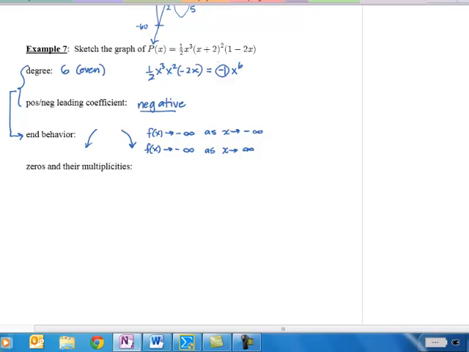And now the factored form is really what we want to use for the zeros. Again, we'll set 0 equal to the function. All right, and so now we want to set each factor to 0.